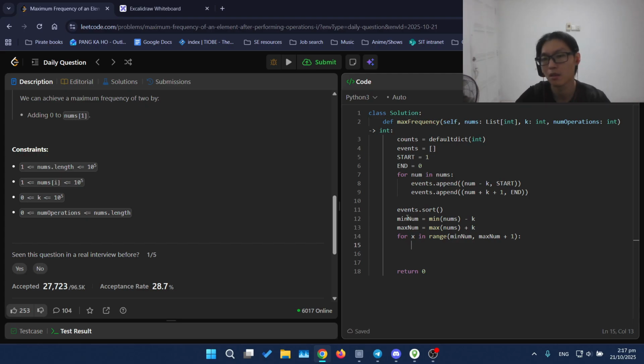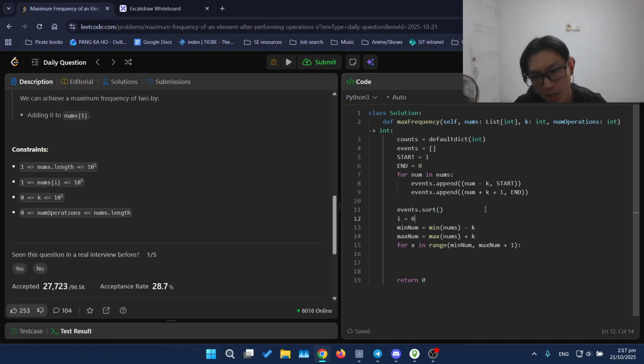Okay. But we need a pointer to events, right? We need a pointer to events. i is equal to 0. And you keep track of number of intersections, I guess.